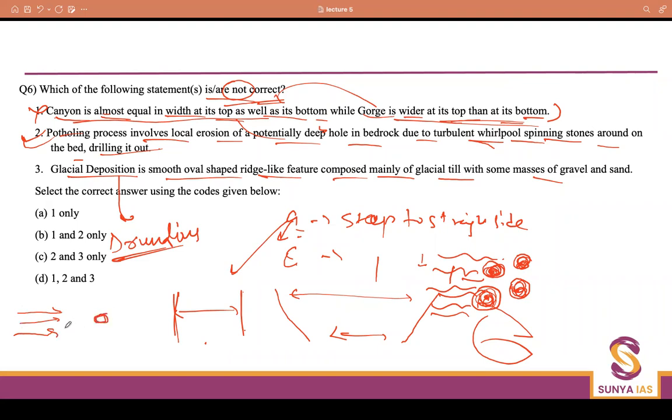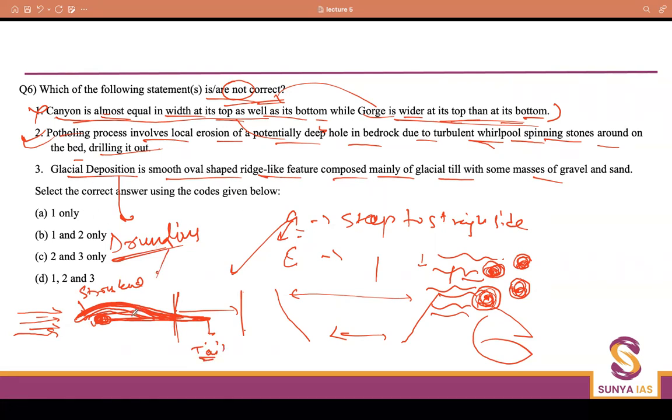The deposits take place over the rock in this manner, and finally these deposits take longer features, and they get deposited in this manner because of some resistance to the flow of the glacier. That is important. What is this called? This is known as the stoss end, and this is known as the tail. So this is how drumlins are formed, which are glacier deposits.